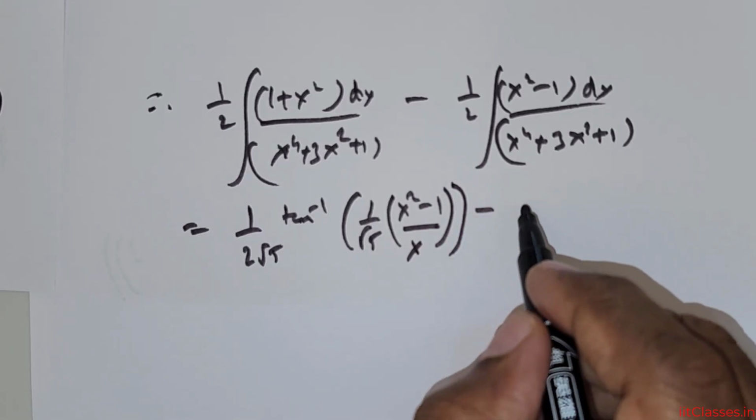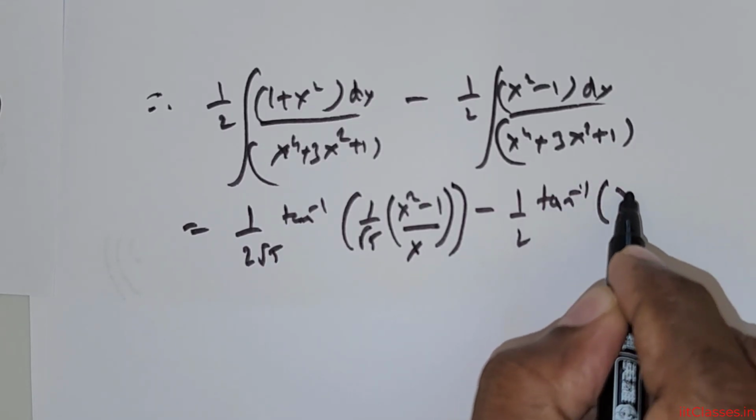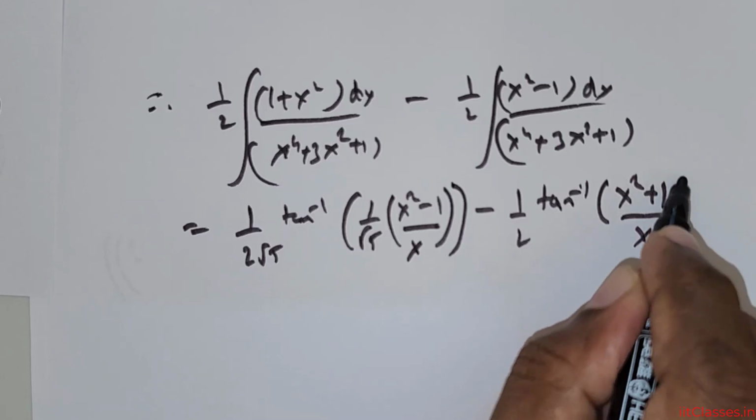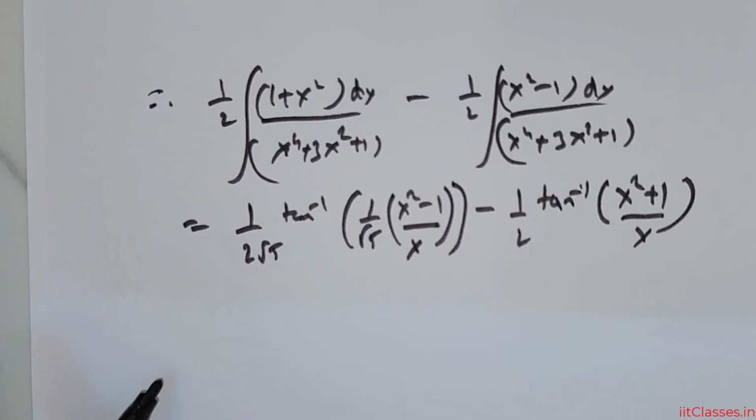The second part is going to be 1 over 2 times tan inverse of (x² + 1) divided by x. Now we should go back to the question, the one we actually solved for I1. We already solved for I1.